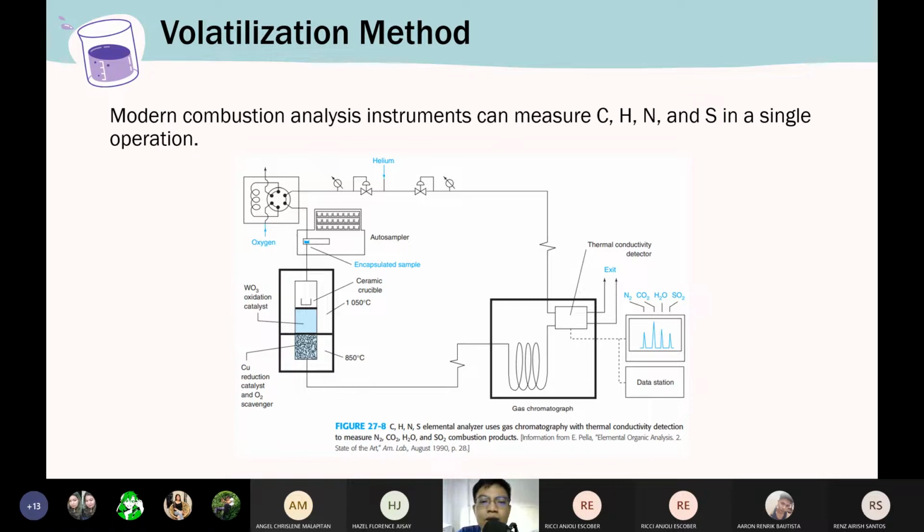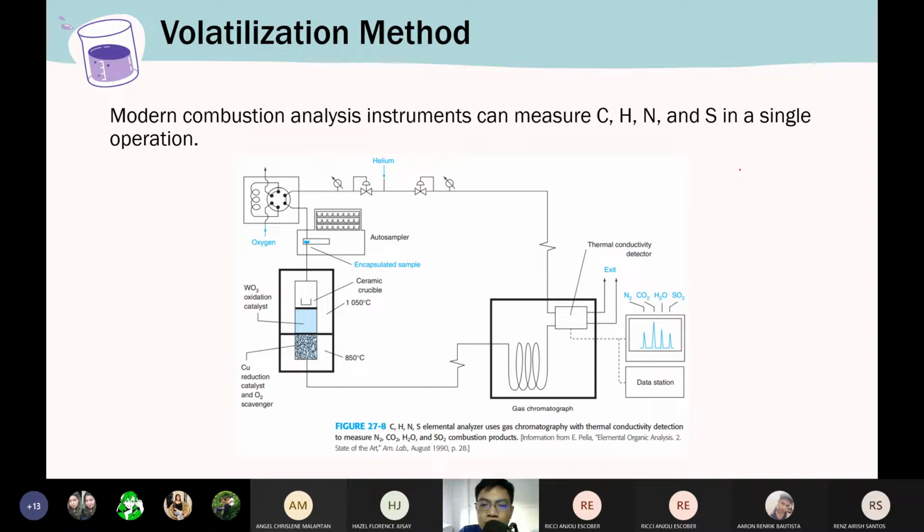So commonly, the carbon can be measured by the mass of the carbon dioxide. The hydrogen can be measured by the mass of the water. The nitrogen can be determined by the mass of nitrogen gas. And lastly, the sulfur can be determined by the mass of sulfur dioxide.